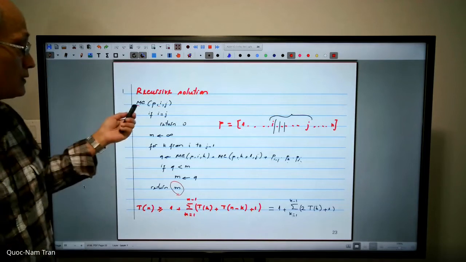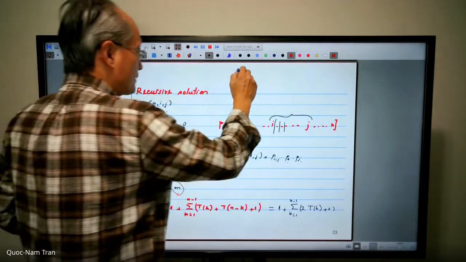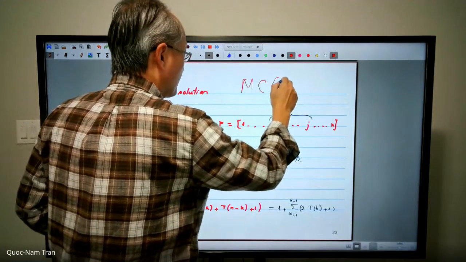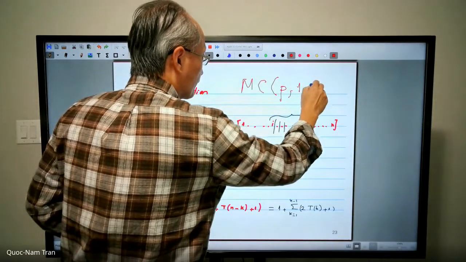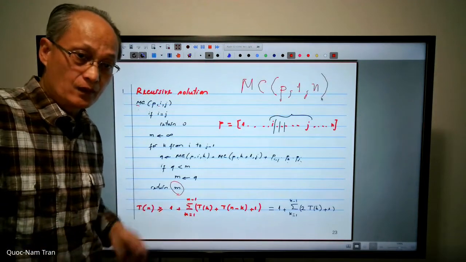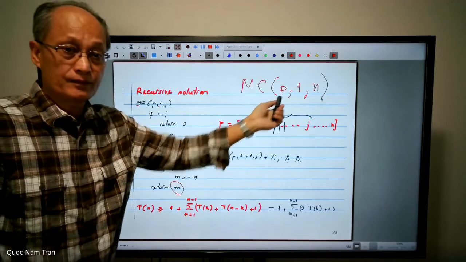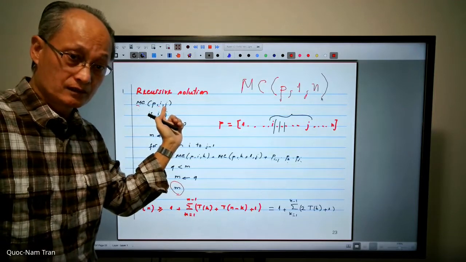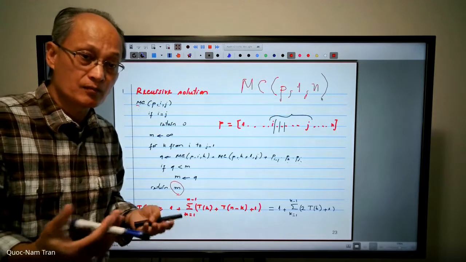Of course, we need to invoke MC from 1 to n, and that is the result we need to see. But because we have divide and conquer, we need to write a more general program that deals with I and J for I and J between 1 and n.